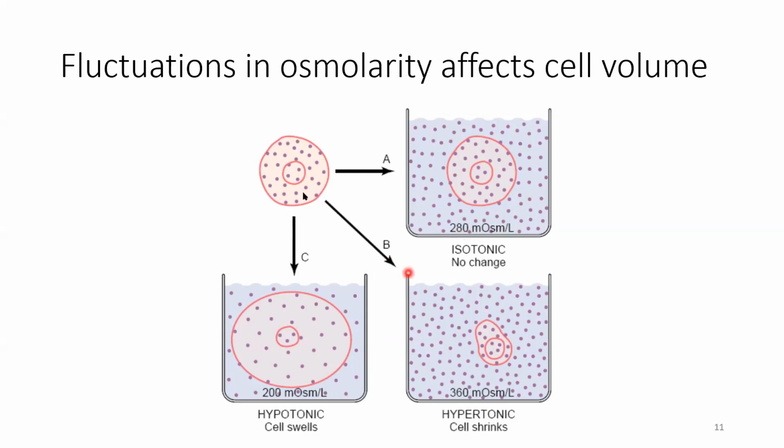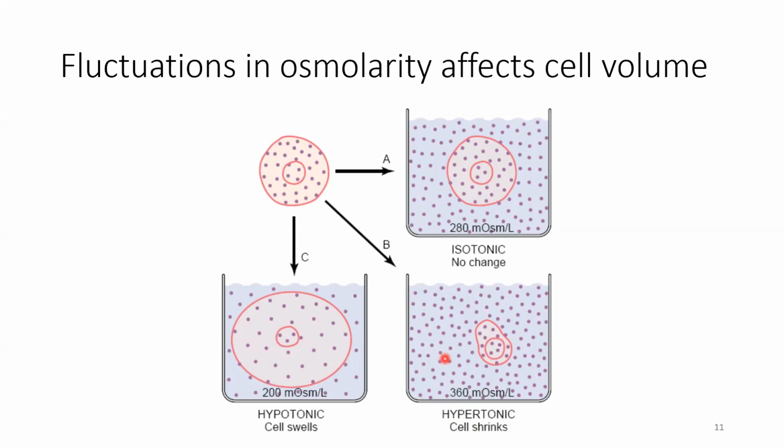However, let's look at scenario B, in which you have put the same cell, but this time you have put it in a hypertonic solution. Now, simply applying the laws of osmosis, what will happen?